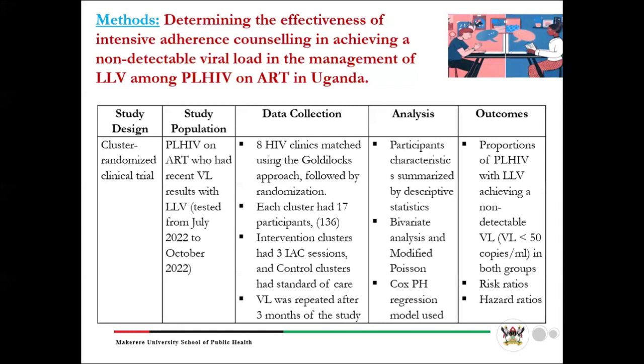And of course, we used bivariate analysis and modified Poisson and Cox regression to analyze the results. And we were basically looking at proportions of people living with HIV with viremia achieving a non-detectable viral load, which is recommended by different international organizations as the ideal.